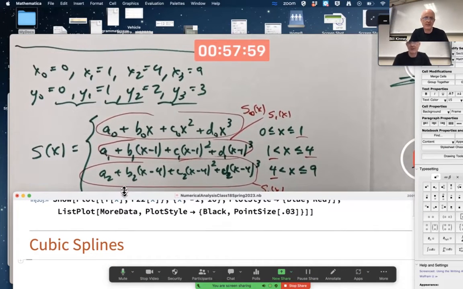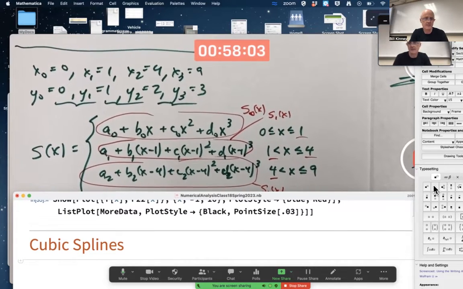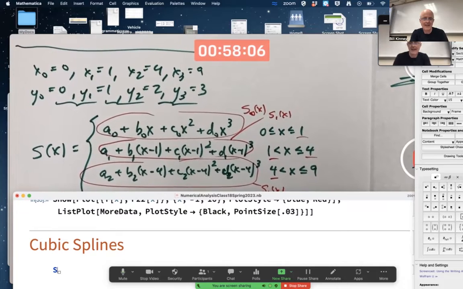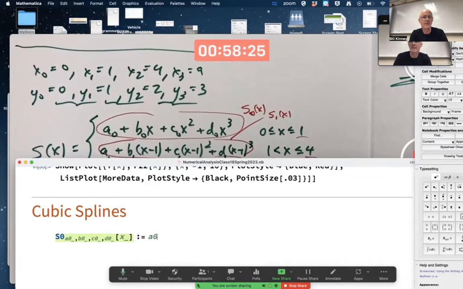And the nicest way I can think of to do this in Mathematica is as follows. I'm going to use the subscript button. Type S0 sub A0 underscore, comma B0 underscore, comma C0 underscore, comma D0 underscore, tab over, of X underscore colon equals A0 plus B0 times X plus C0 times X squared plus D0 times X cubed.